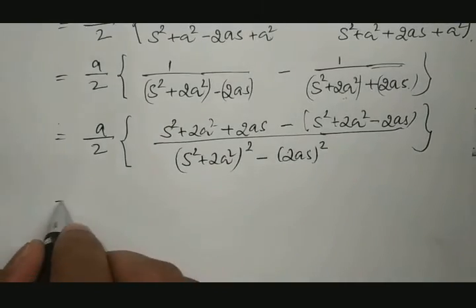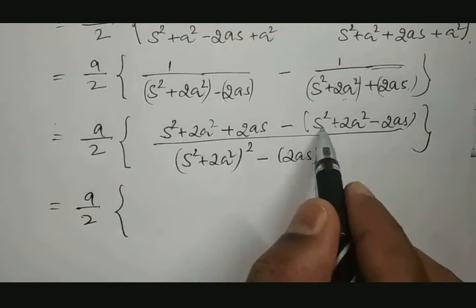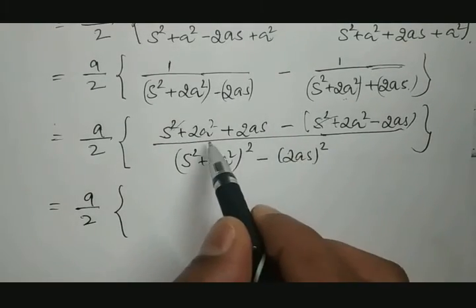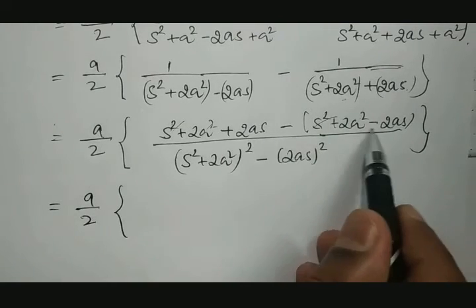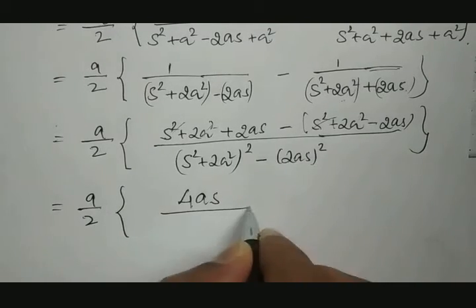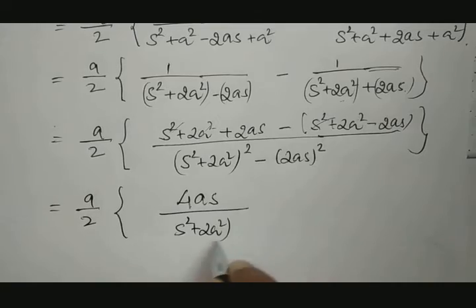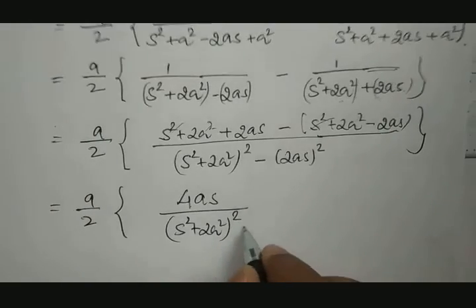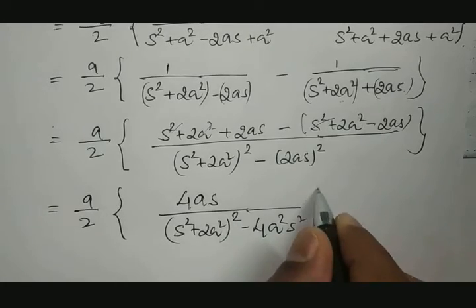This is equal to a divided by 2 into, s square gets cancelled, 2a square gets cancelled, 2as plus 2as will be 4as, divided by (s square plus 2a square) the whole square minus 4a square s square.